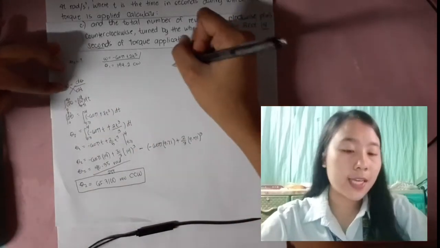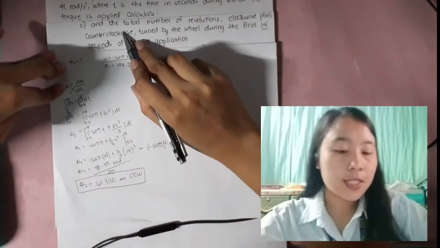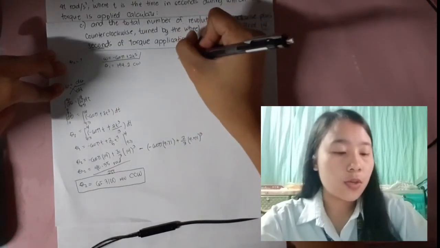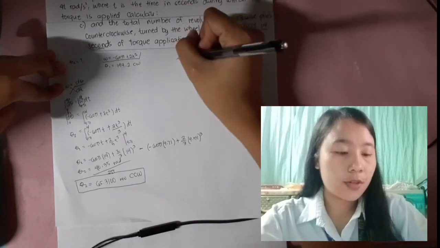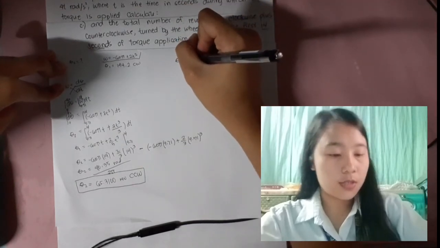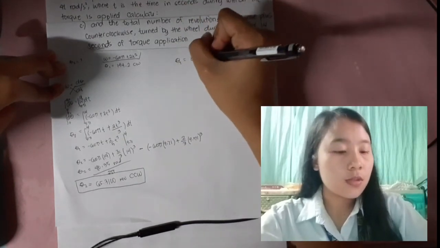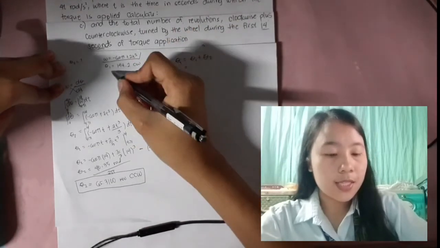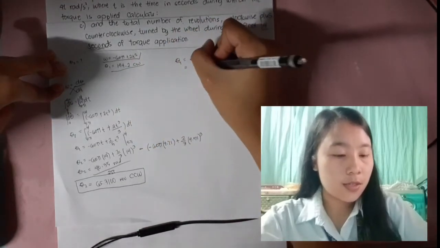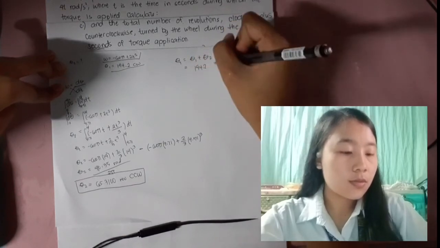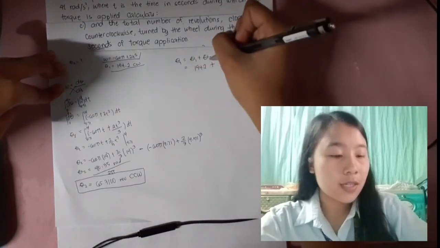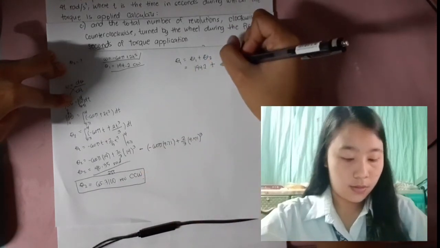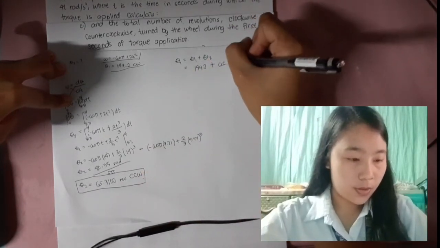So the question in letter C is the total number of revolutions. The total number of revolutions is equal to what we got earlier, 194.2, plus this one, 65.3.